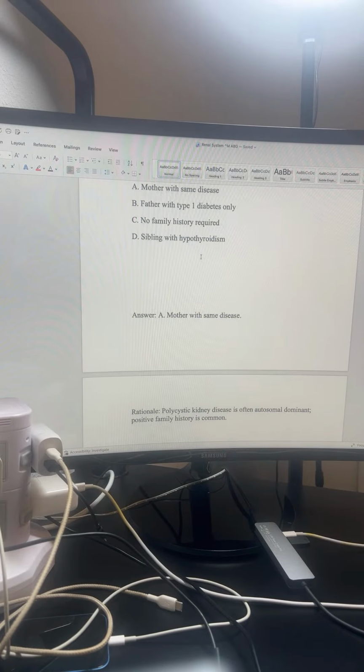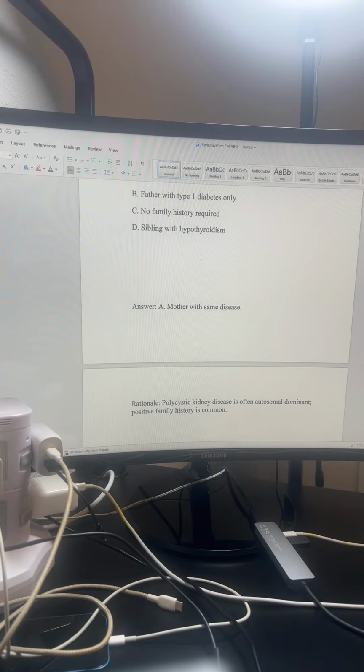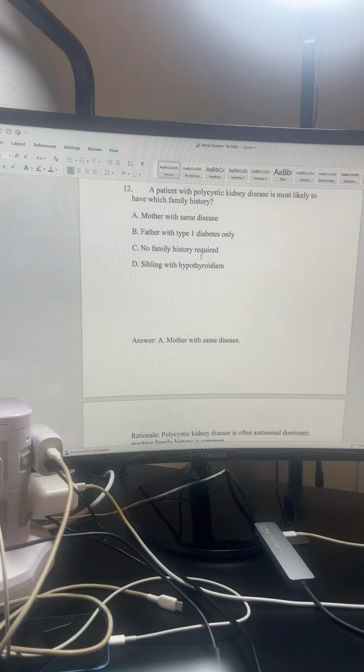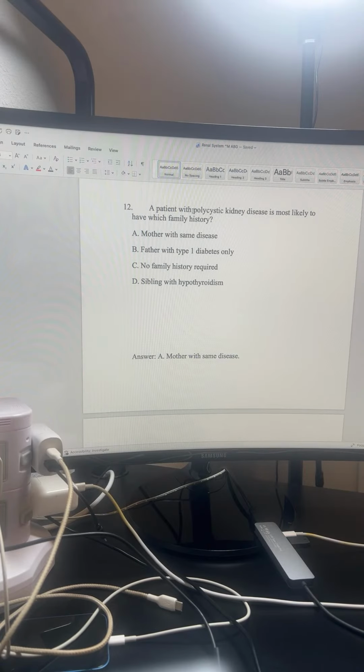So A, the mother with the same disease. It is usually autosomal dominant. A positive family history is very common. So this is your polycystic kidney disease patient. The mother usually is diagnosed with the same history.